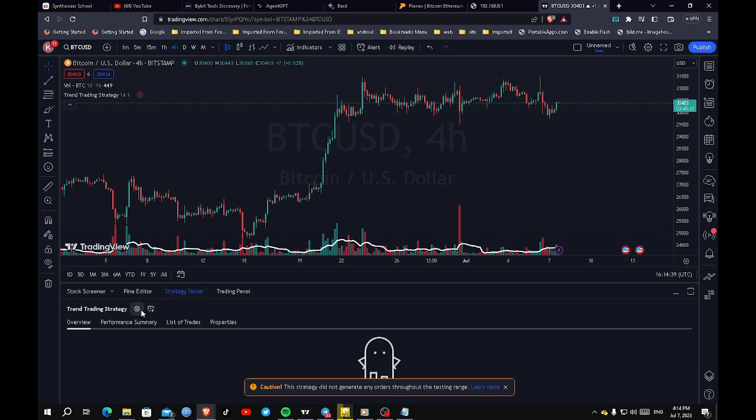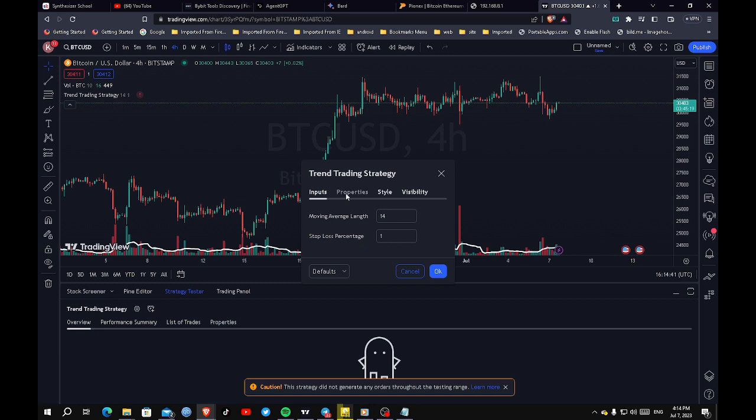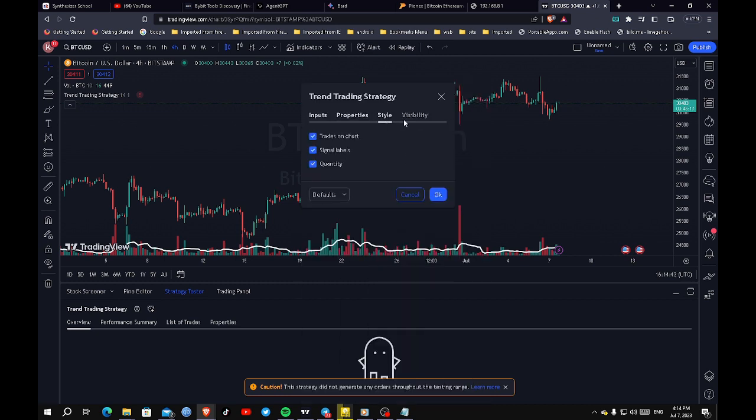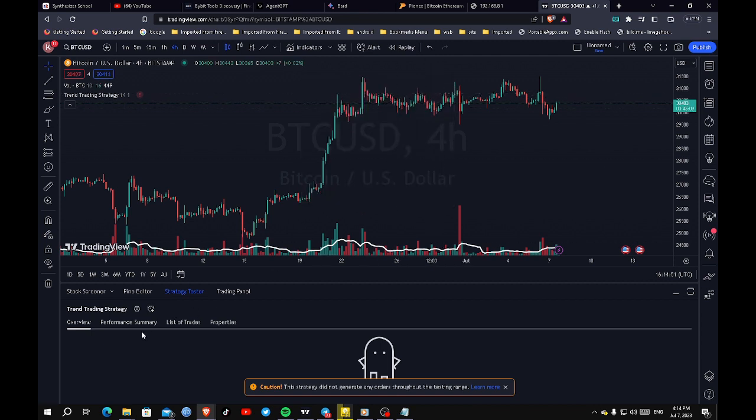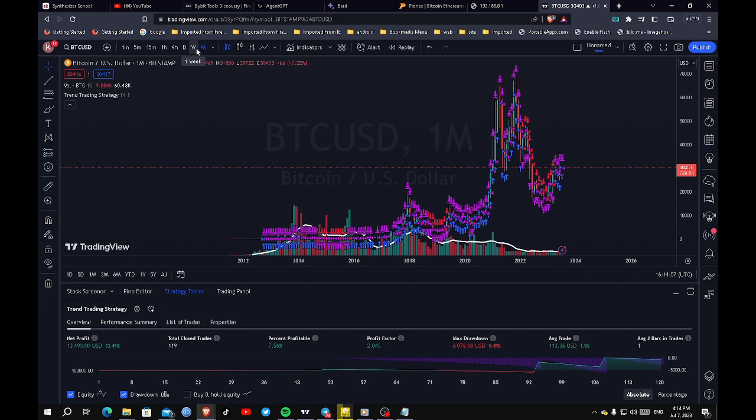Except you can't see it on the chart. Trend trading strategies, that's it. You can't really see. Alright. You are on the testing page. Sheesh, that's a lot of buys and sells.